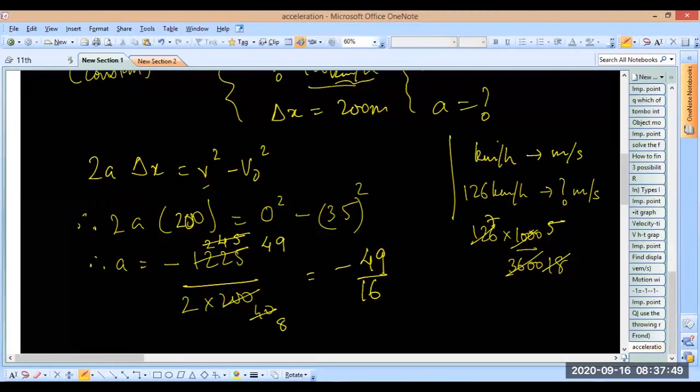Where did the 3 come from, Kavya? 49 by 16 is 3. Okay, so this is your final answer. Minus 49 by 16 meter per second square.